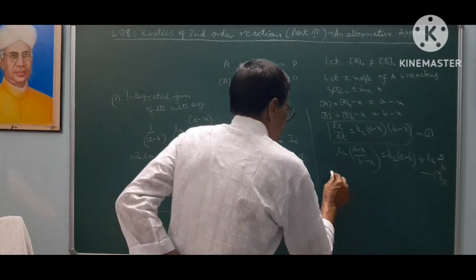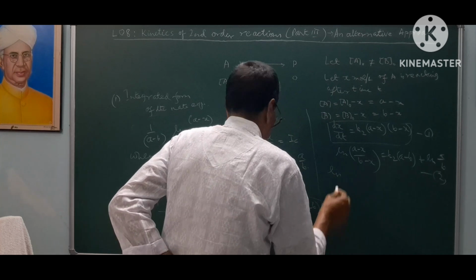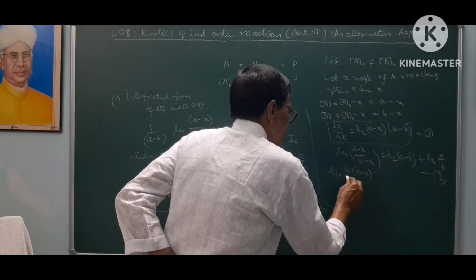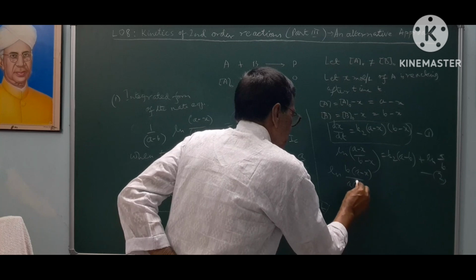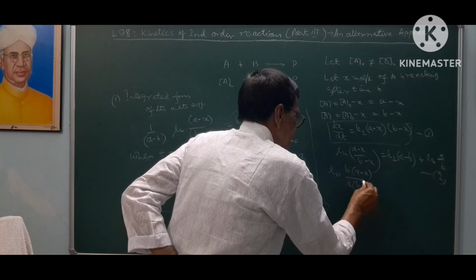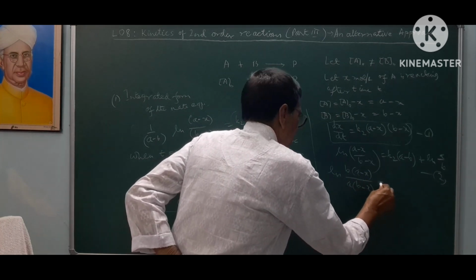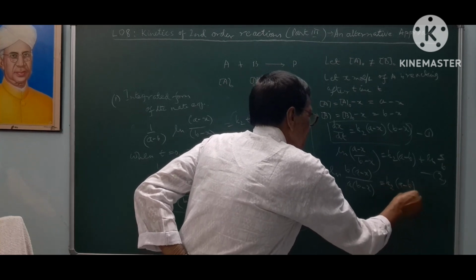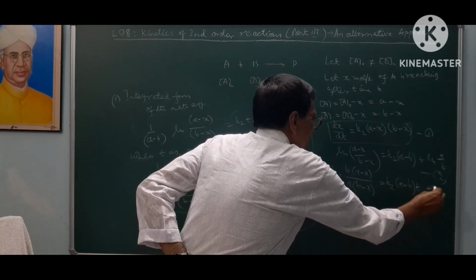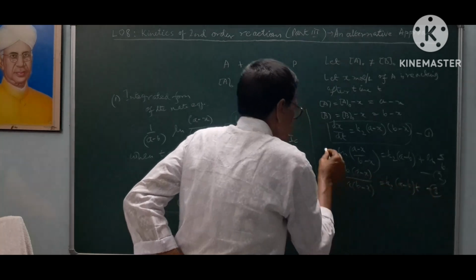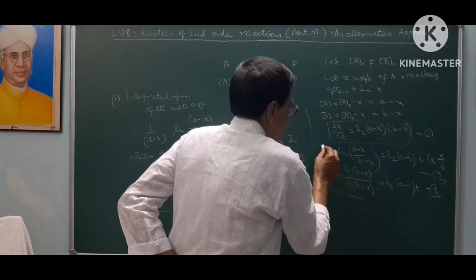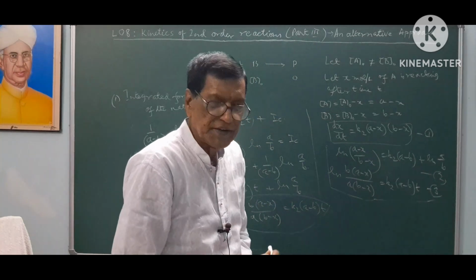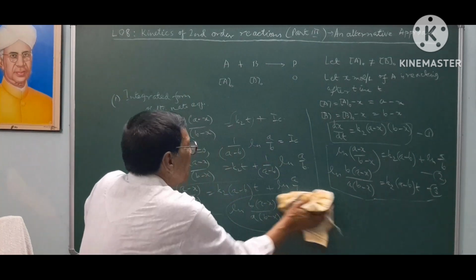So we can write here ln b into (a minus x) over a into (b minus x) equals k2 into (a minus b) into t, equation number 3. These two are the integrated forms of this rate equation.